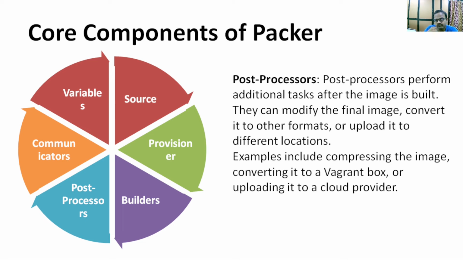So you got a source image, you have done some configurations, you have already assigned the target platform these are meant for. Then comes post processor. This block defines what set of tasks you want to perform once the image is built. For example, once the image is built, you can compress it, convert that image to another format, or simply upload it somewhere else.